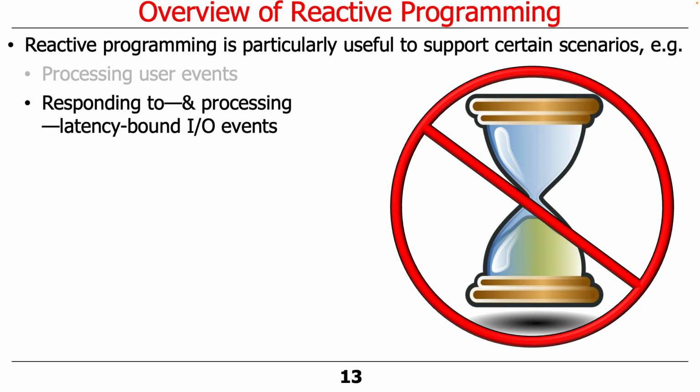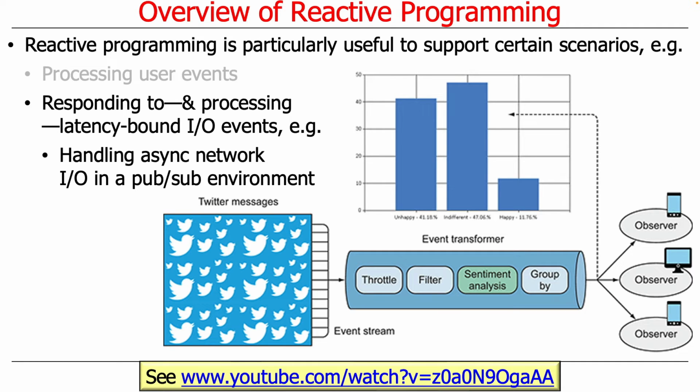You can also use reactive programming to respond to and process so-called latency-bound events, where you're trying to ensure that the operations run in a low latency or quick responsiveness context, even if you're dealing with input and output. So a good example would be handling asynchronous networking I/O in a publish-subscribe environment.